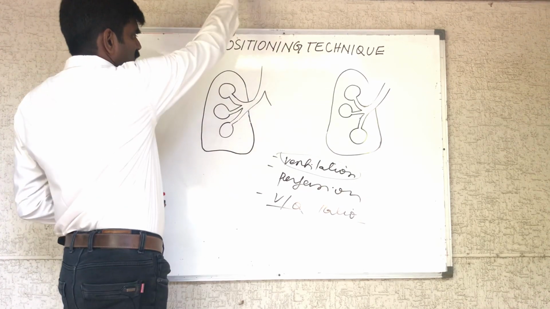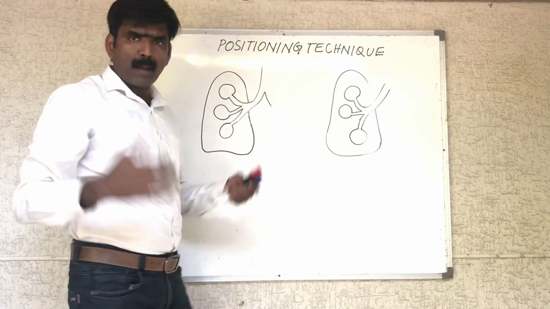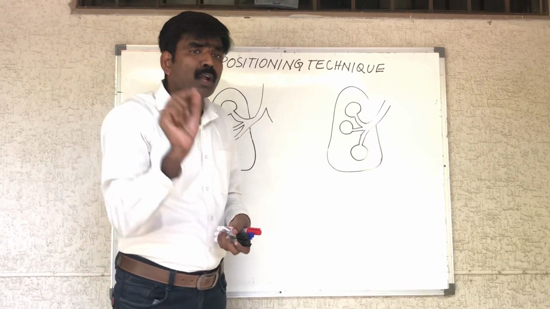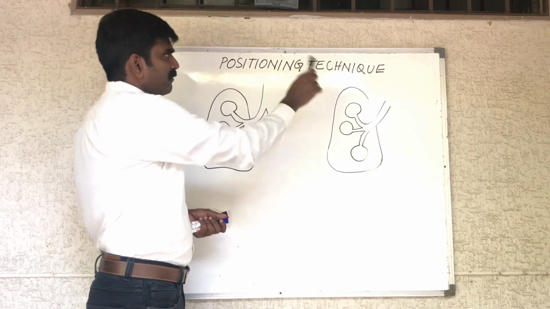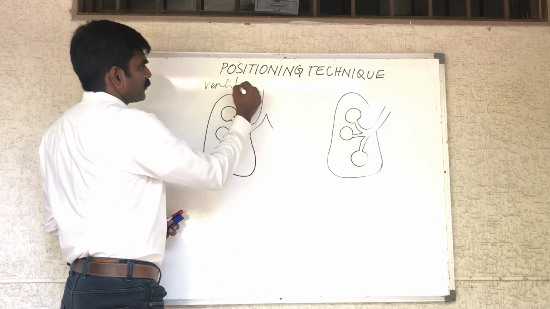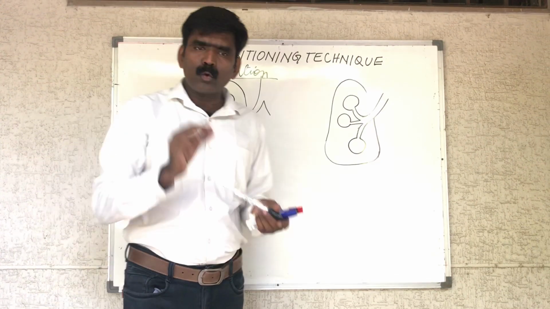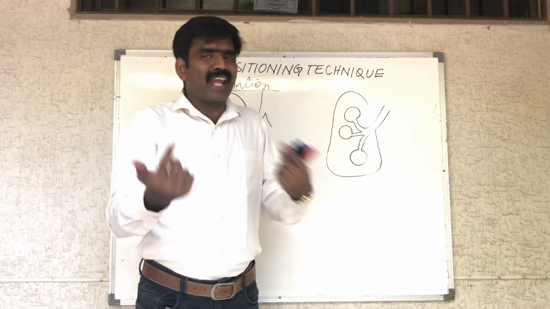Ventilation is the amount of air which goes in and out for the purpose of gaseous exchange. Again, I'll repeat. How will you define ventilation? It is the amount of air coming into the lung for the purpose of gaseous exchange.